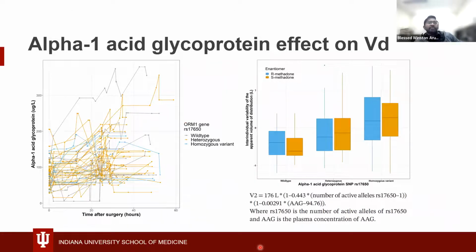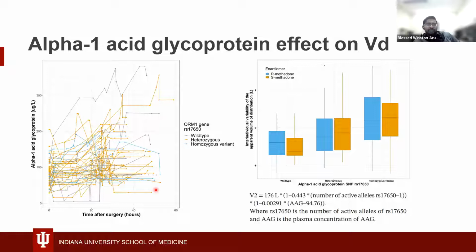Now, this is an interesting component here, alpha-1 acid glycoprotein. These are the individual concentrations. You can see there's a lot happening there. One of the interesting things we noticed is that mostly it's increasing here, but there are patients for whom it's just flat, it just goes straight, it doesn't increase.